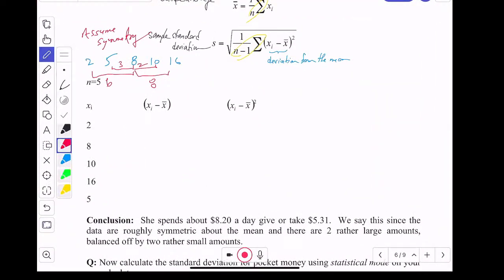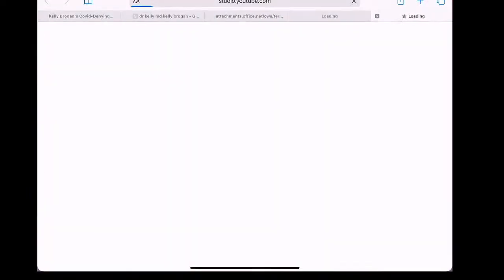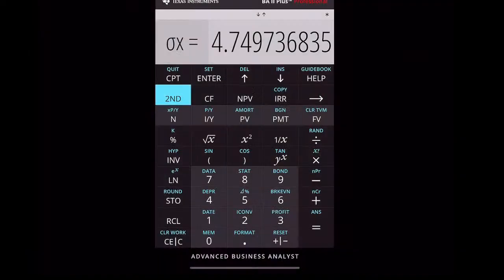The values I get from my calculator are X bar equal to 8.2, which is $8.20, and S, which equals $5.31. It also told me sigma, which was equal to 4.75.